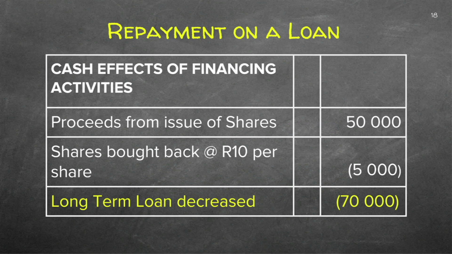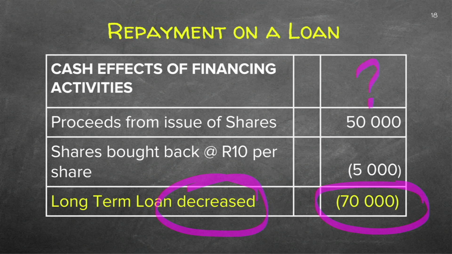Let's have a look. Long-term loan, this time it is decreased. By how much? 70,000 Rand. Again, without being told what is that amount, you need to fill it in.